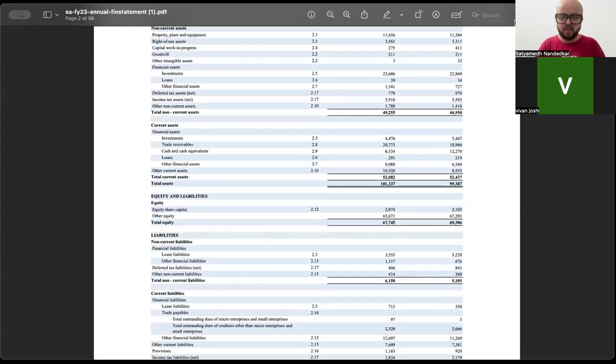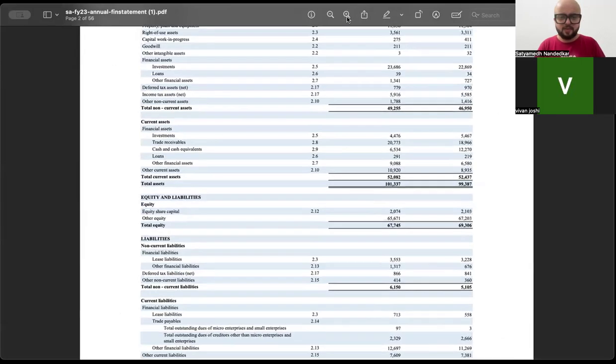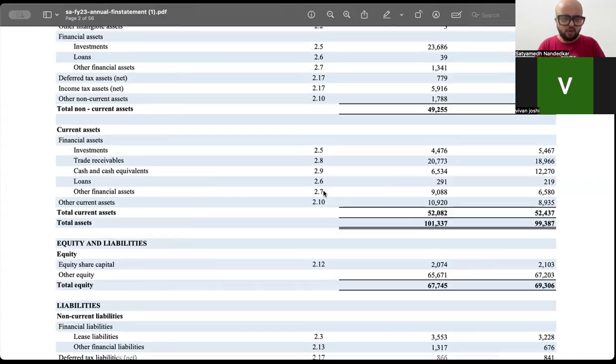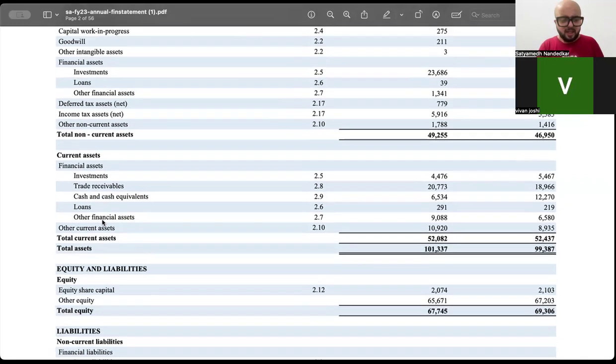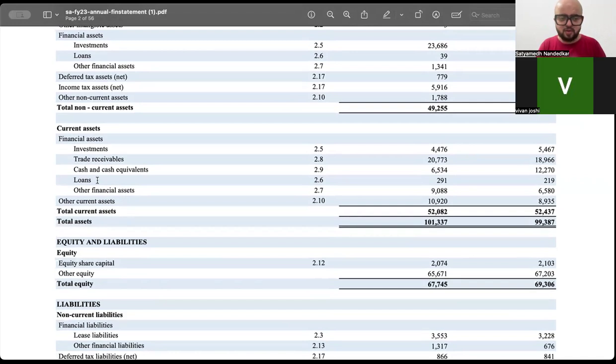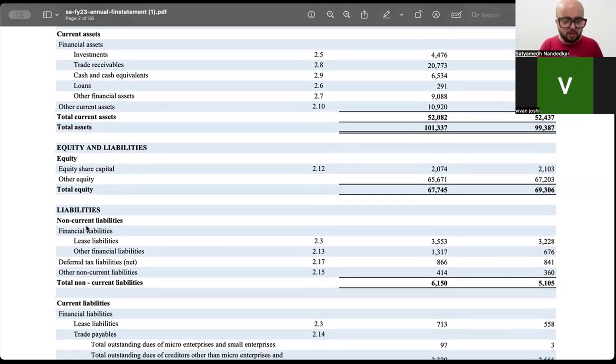What all do you have here? You have non-current assets: property, plant and equipment, right of use assets, capital work in progress, goodwill, intangible assets, investments, loans, financial assets, deferred tax, a lot of things. Similar things are there in current assets also: cash and cash equivalents, investments, trade receivables, and so on and so forth.